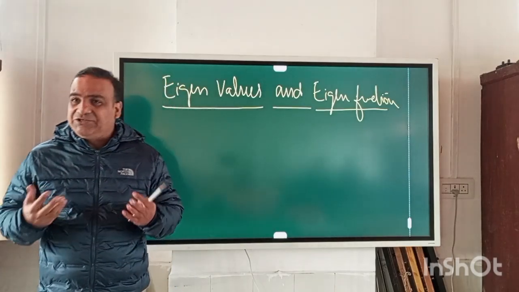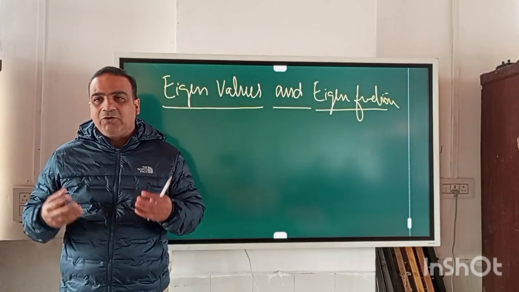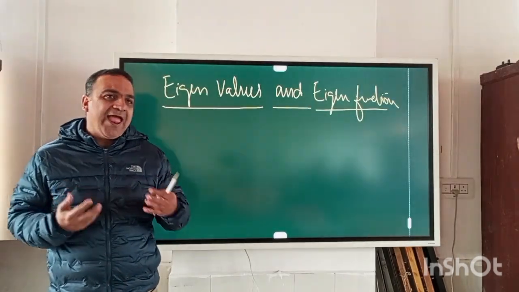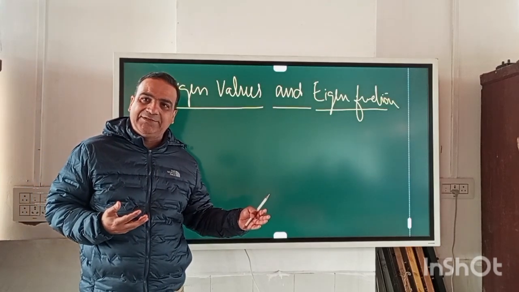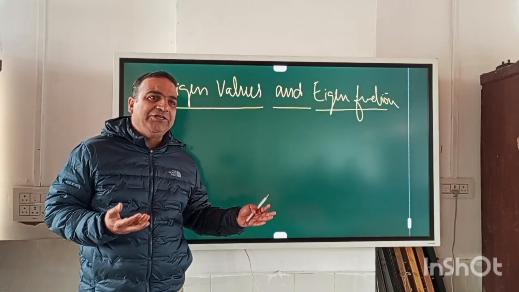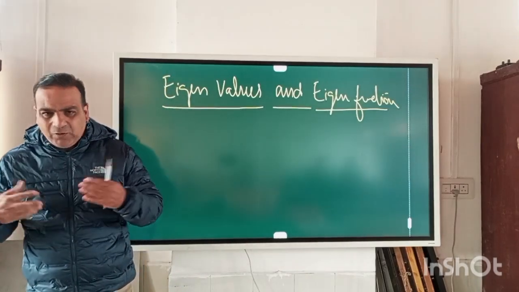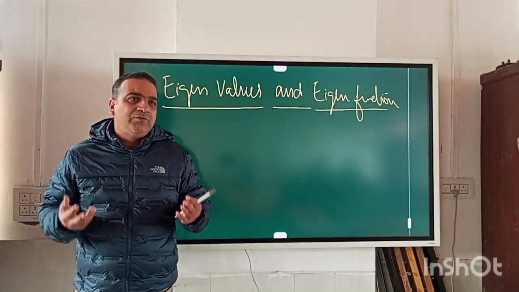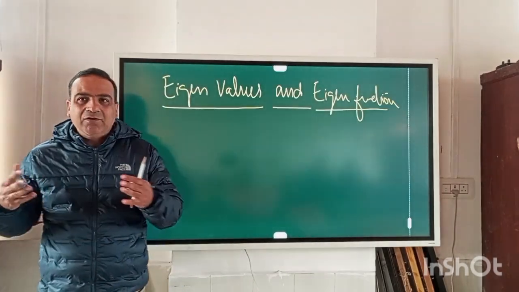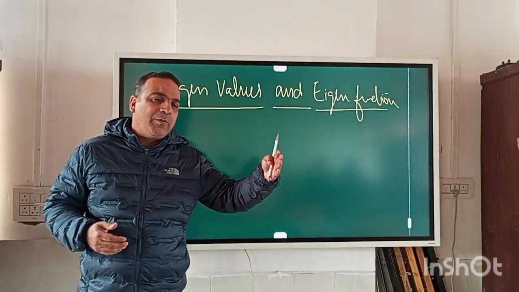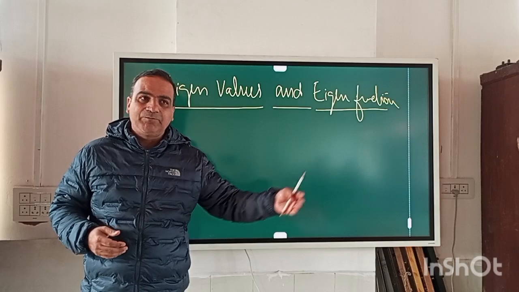Similarly, energy is a dynamical variable. And for energy, we have an operator in quantum mechanics. So we call it the energy operator. In a similar way, angular momentum, being a dynamical variable, has a corresponding operator in quantum mechanics.